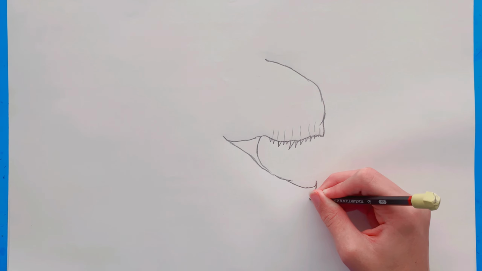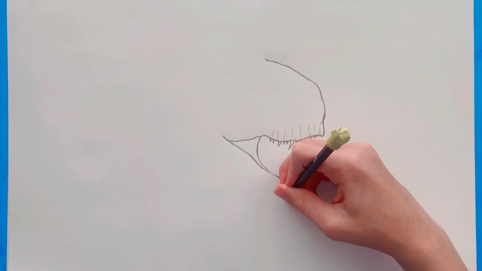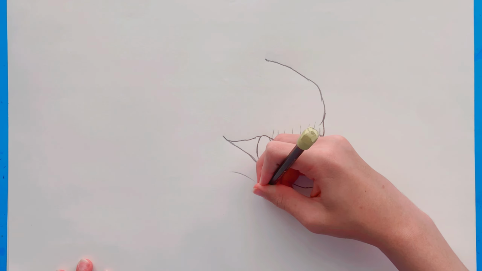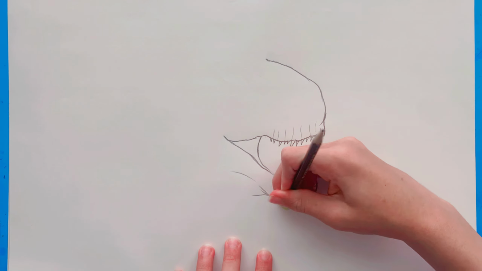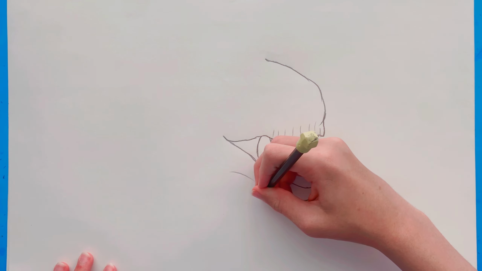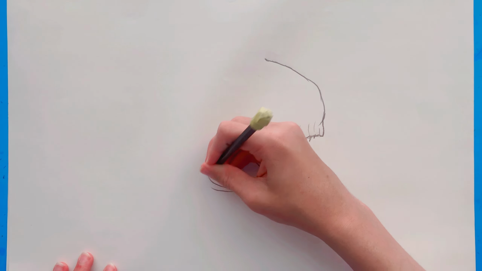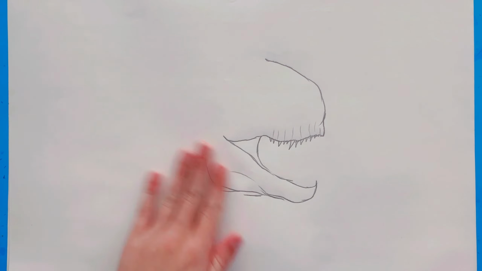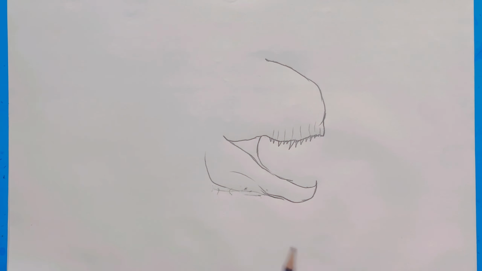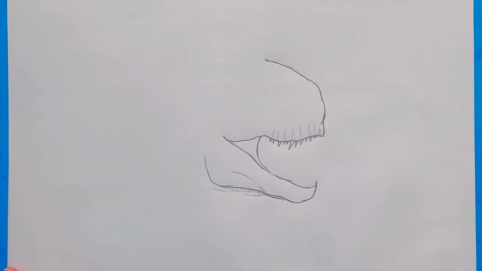And then right down here, I'm just going to make something like that right in there. Just going to fix up this bottom edge right here. And there is that so far.